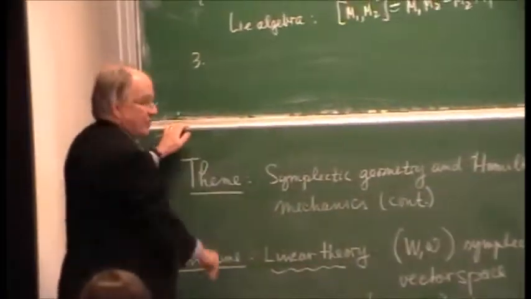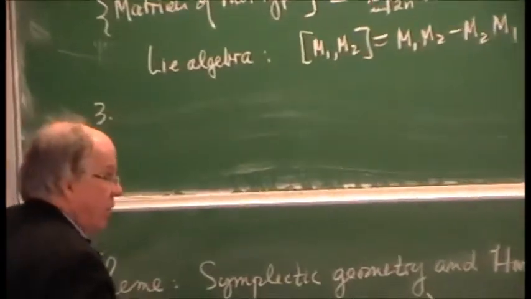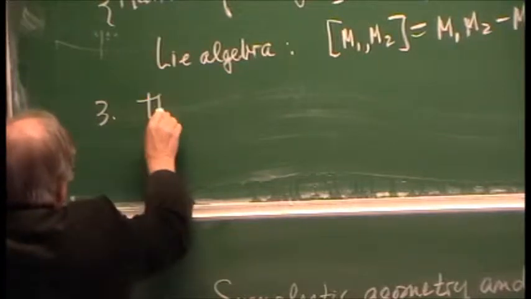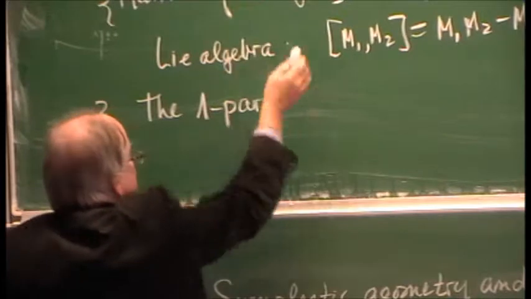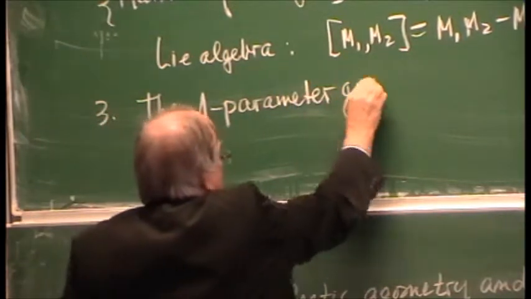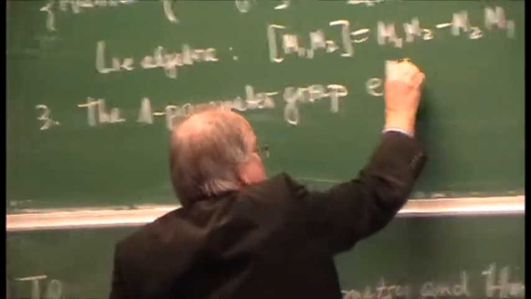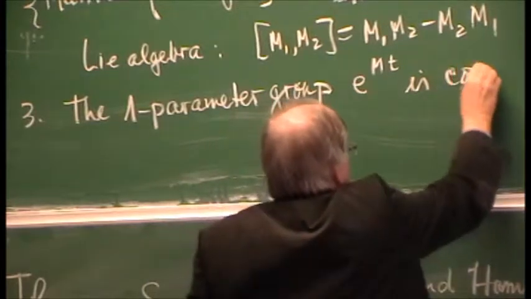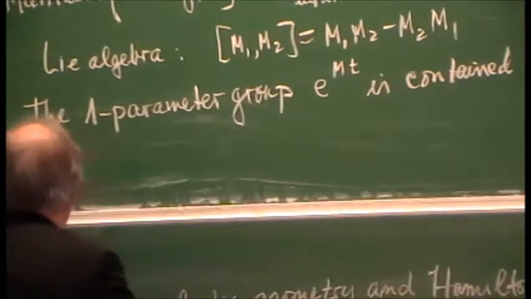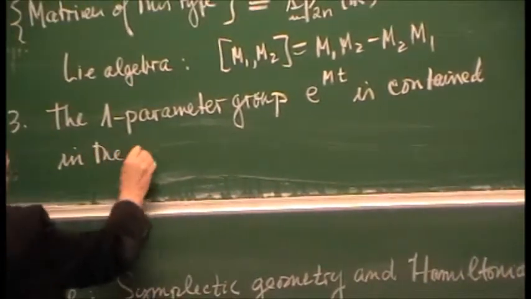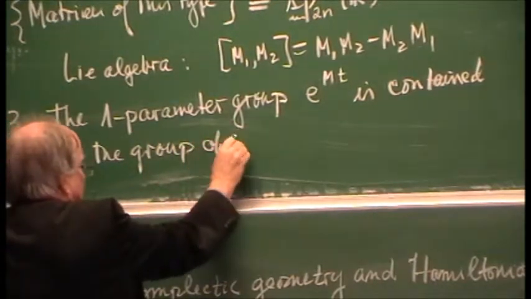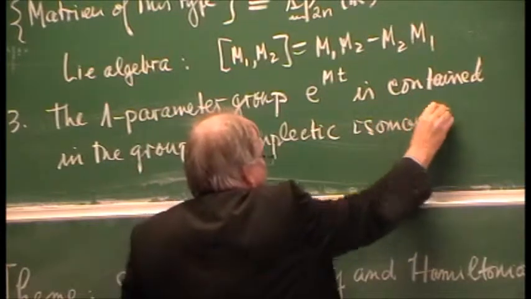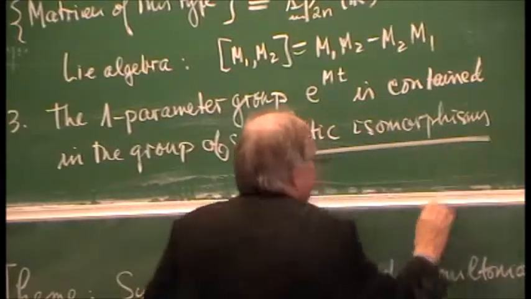The third condition, which is almost exactly in the homework but not completely, but you can easily check it yourself, is an equivalent condition: the one parameter group e to the Mt, which solves this ODE, is contained in the group of symplectic isomorphisms of the standard form under consideration.